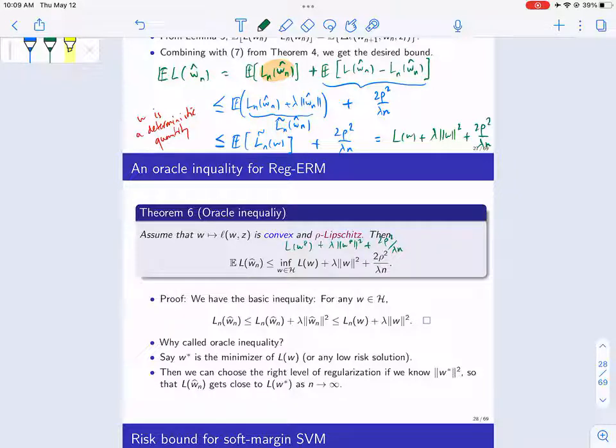So there's a balance, and the optimal choice depends on the norm of W star, which I don't know. If an oracle gives me the proper norm, then I can choose it. So the optimal lambda depends on the norm of W star. So what would be the optimal lambda if you want to choose lambda?